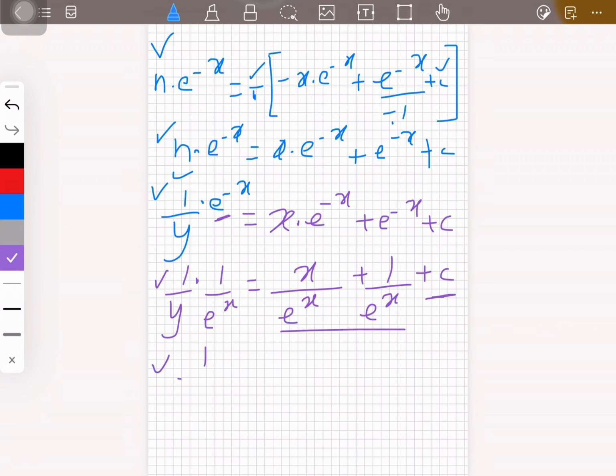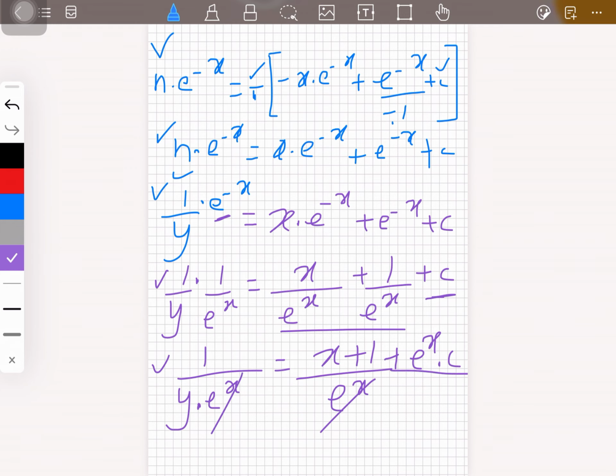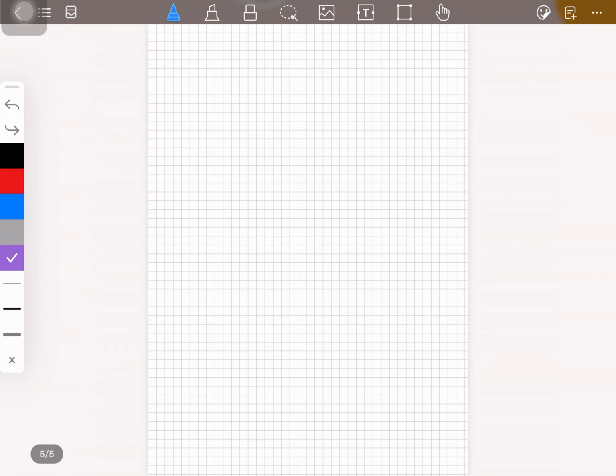So what we will have is 1 over e to the power x times c. I just took the LCM. This e to the power x cancels this e to the power x, and we're moving towards the final step: 1 over y is equal to x plus 1 plus e to the power x times c.